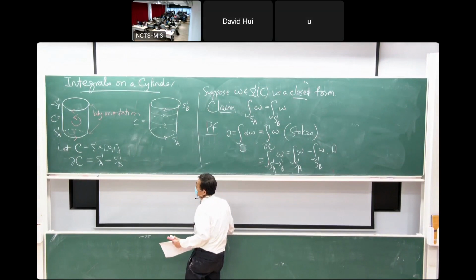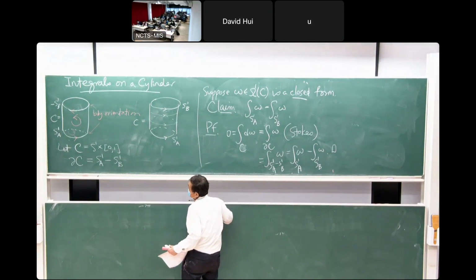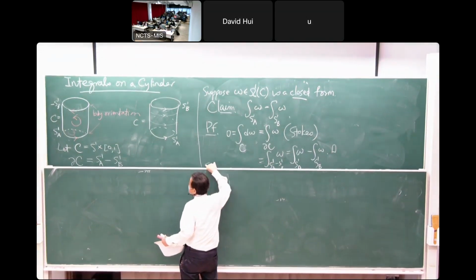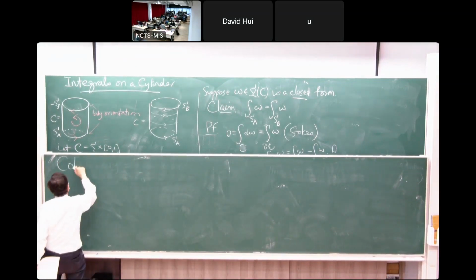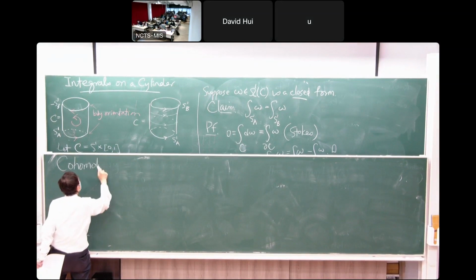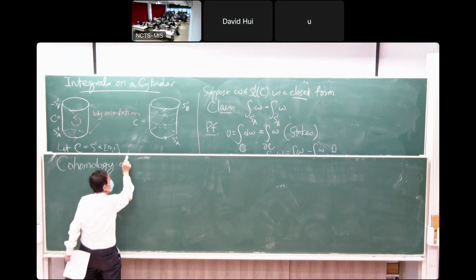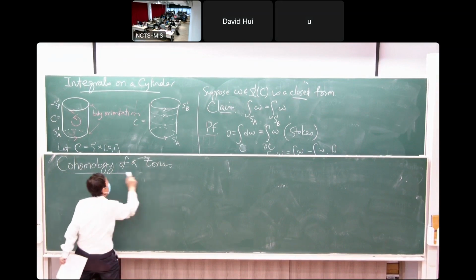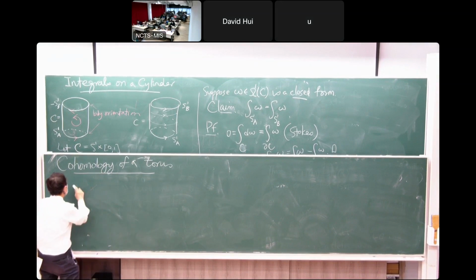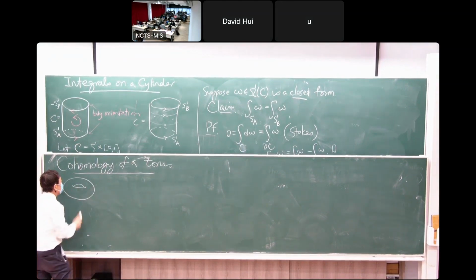Okay, and now let's compute the cohomology of a torus. Now a torus looks like this, and I'm going to use two open sets to cover it.